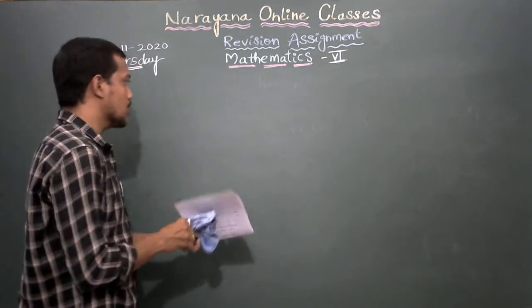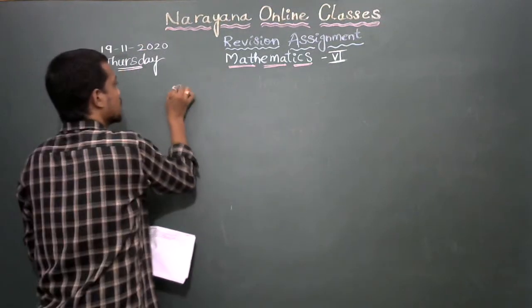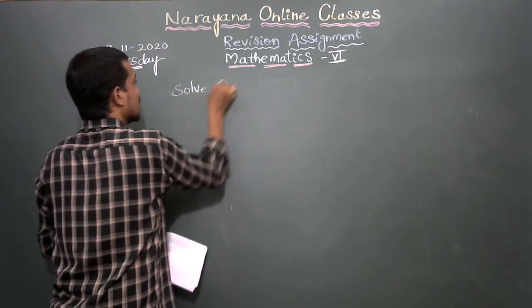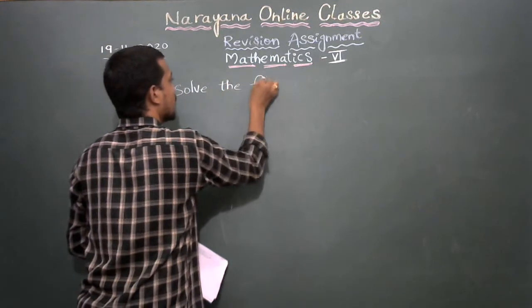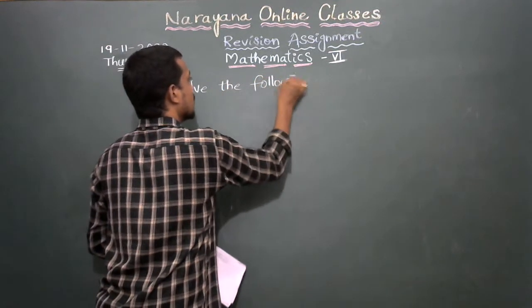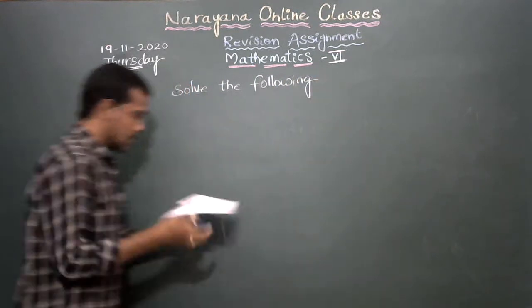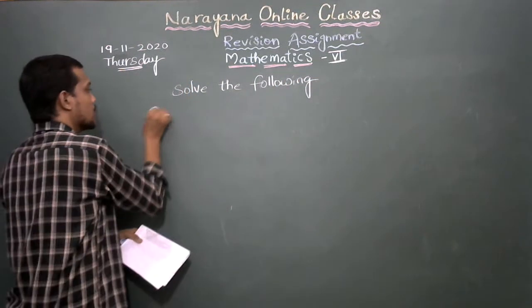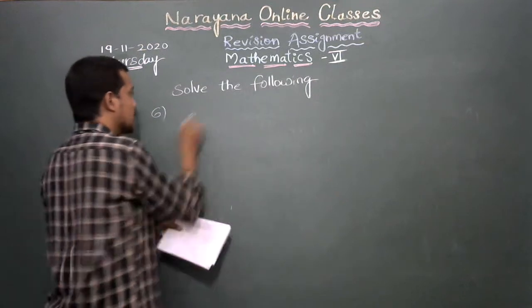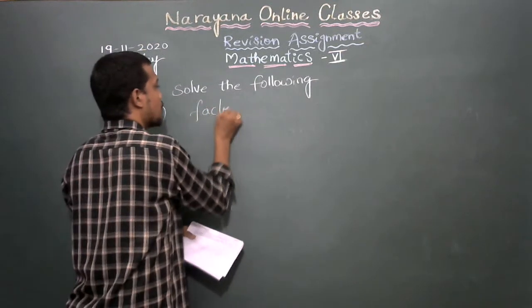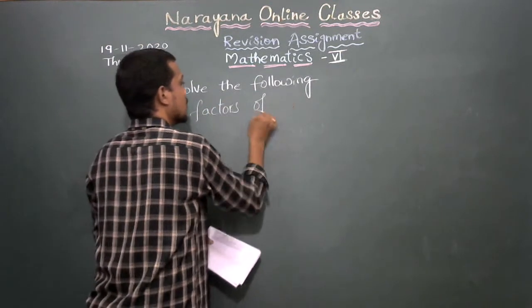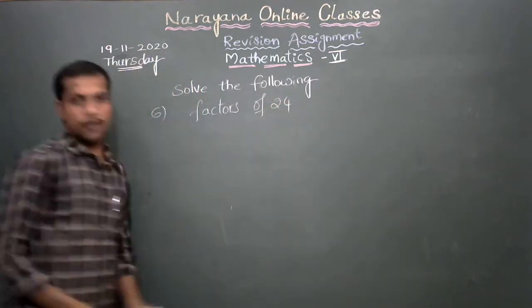Now solve the following. So sixth one: factors of 24.